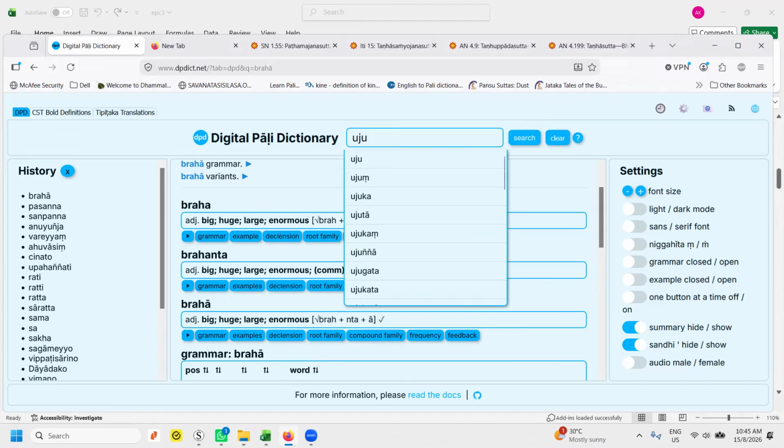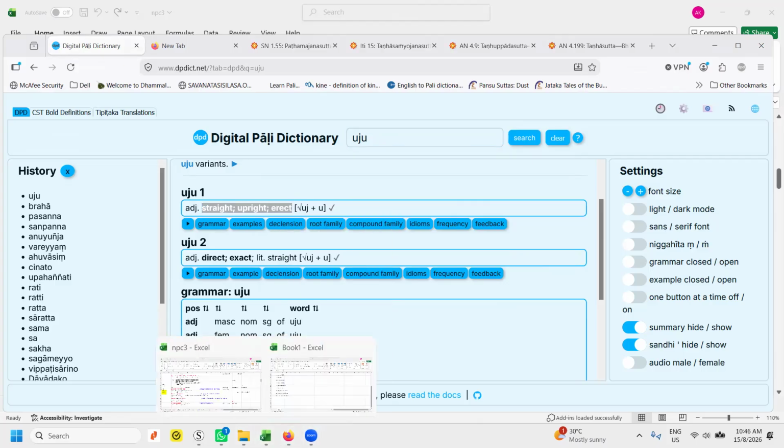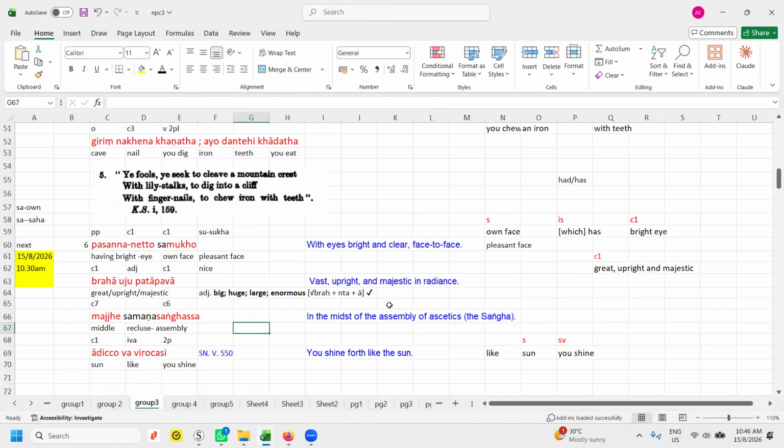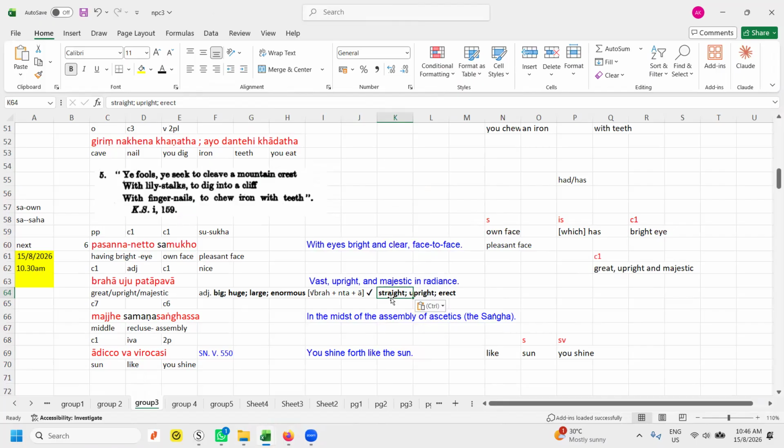Anyway, you can see uju. I didn't copy it because I don't have the line, not enough space. Okay, straight out, this is uju.